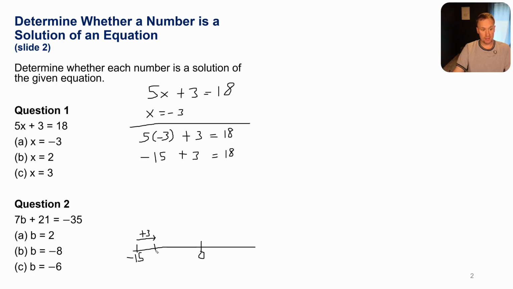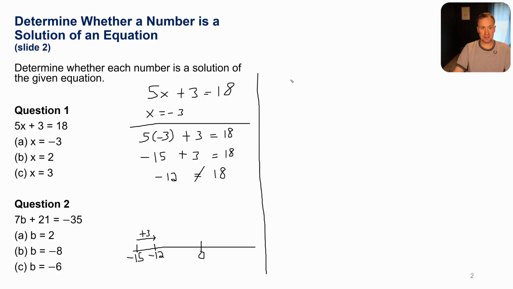Where I end up is at -12. So I have -12, which is equal to 18. Now I ask myself, is -12 actually equal to 18? It's not. -12 does not equal 18, which means that x cannot be -3 for this particular equation.